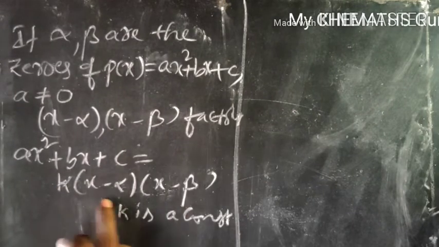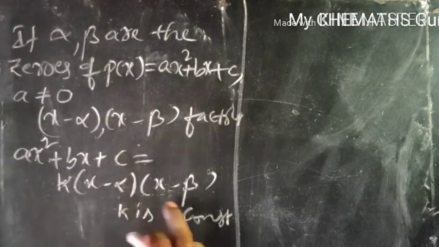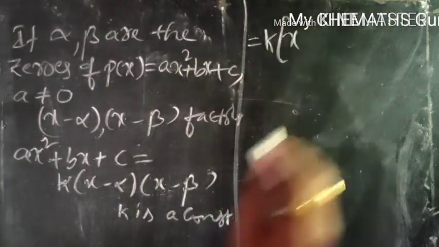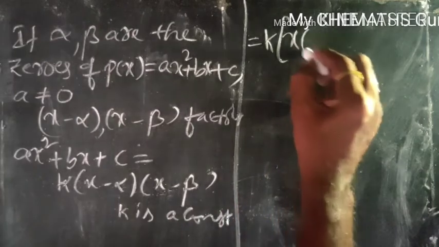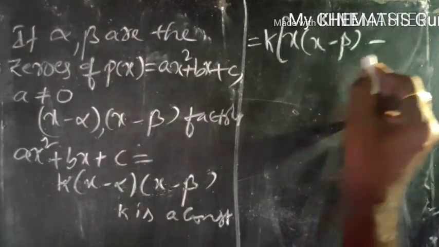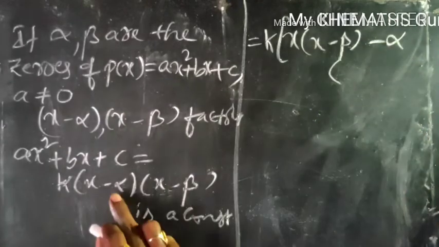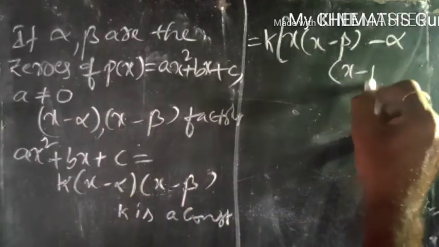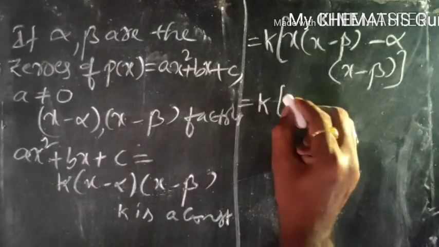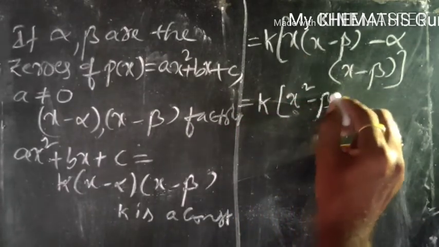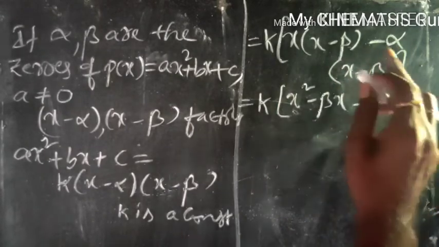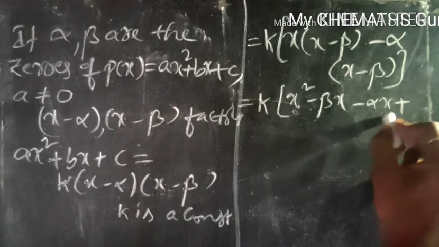If you multiply this using the distributive property, we get like this. x of this total expression x minus beta, minus alpha into this total expression x minus beta. Applying the distributive property, k of x square minus beta x minus alpha x plus alpha beta.